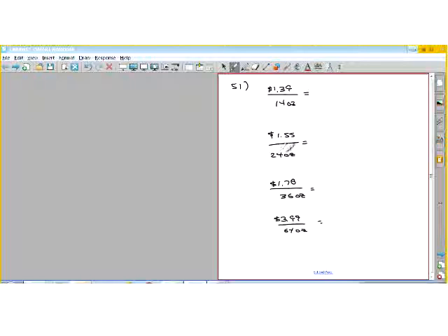To get 0.1, I'd have to have $2.40, but it's less. So this is cheaper than that one. This one's going to be about 0.5. This is a little bit more than 0.5.